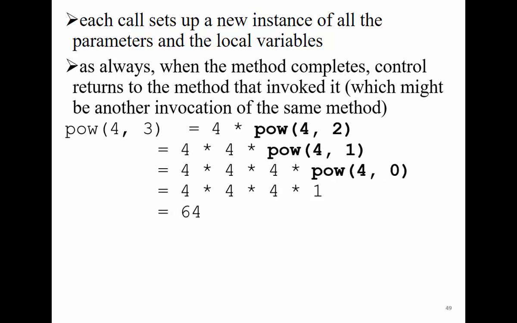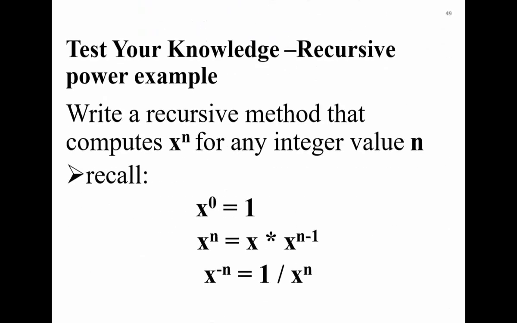So this is how we end up with the recursive calls if we call it with power of 4 to the power of 3. We have 4 times power of 4 to the power of 2, then power of 4 to the power of 1, until we have power of 4 to the power of 0, and we return from the recursive calls 1, 4, and 4, to calculate 64.